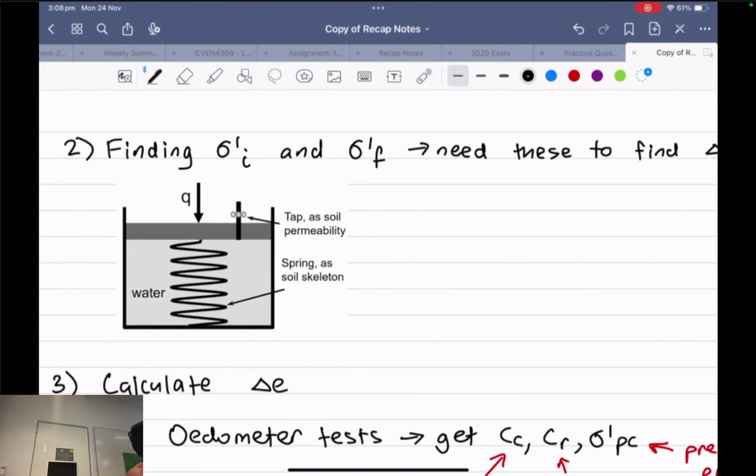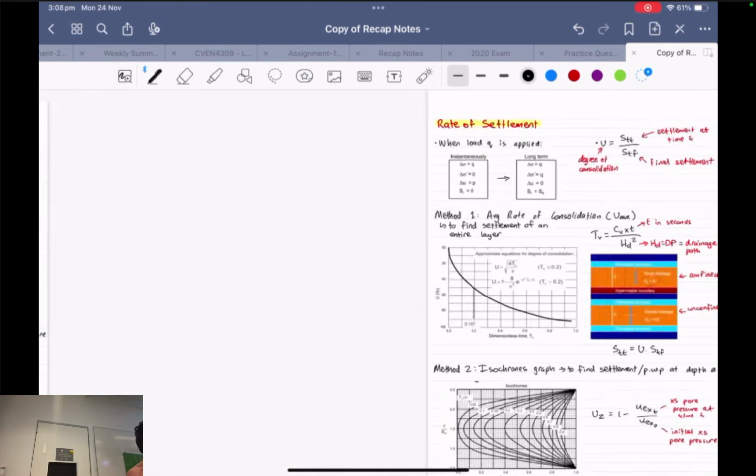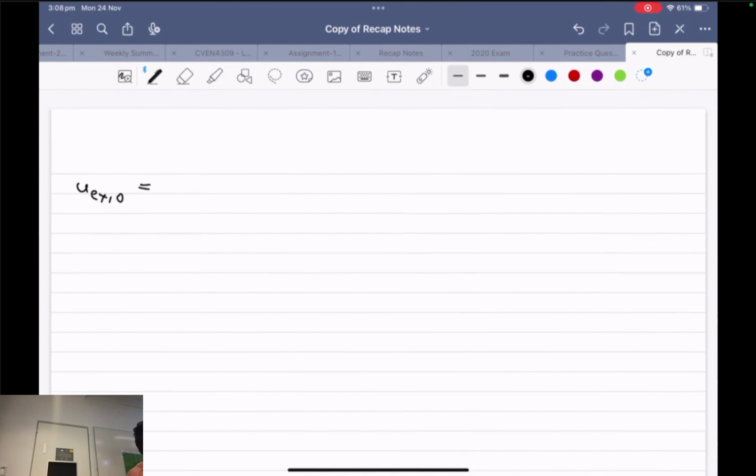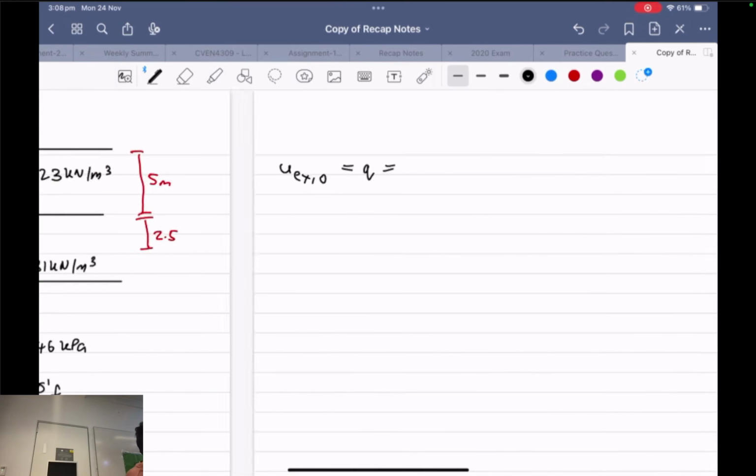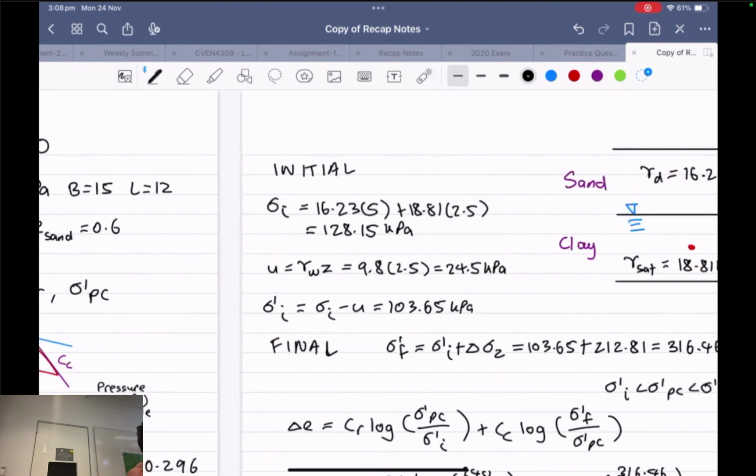When you apply a certain load, initially it's all taken by the water. And then over time, the water gets dissipated and then it starts getting taken by the soil. And so initially when Q is applied, excess pore water pressure is just equal to Q. So ue0 is equal to Q, and Q here was 300 kilopascals.